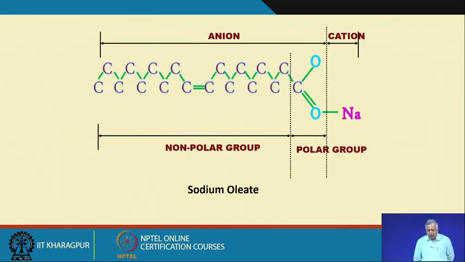This is an example of an anionic collector. You see that this is the structure of sodium oleate, a very popular collector. It has a cation part, that is the sodium.